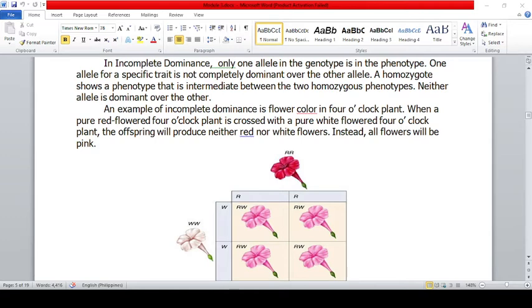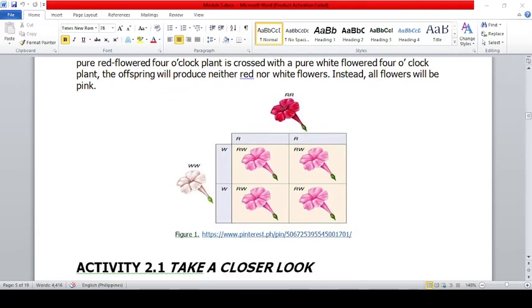We have RR here sa taas because of the red flowered 4 o'clock. And here sa kabila ay white flowered 4 o'clock. So using the Punnett square, we know that ang kanilang mga anak ay lahat ay nag-inherit ng R at saka W.